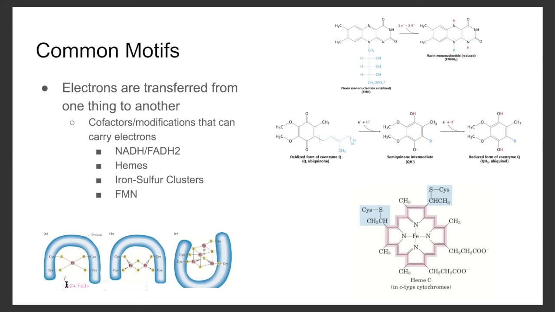And so these iron sulfur clusters are known to be electron carriers because these irons can take an electron from the outside, from some enzyme or some carrier, become reduced, and then pass on the electrons to another enzyme afterwards. So these are good electron carriers.